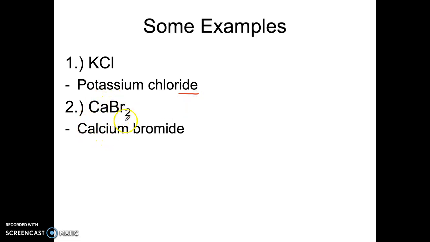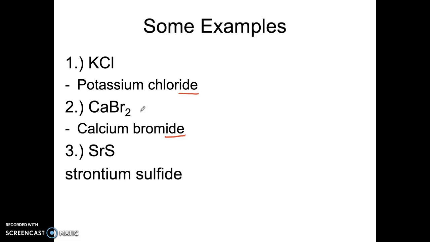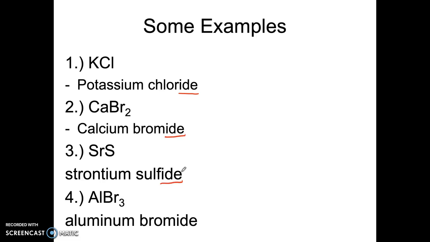Calcium, bromine, add the IDE at the end to make bromide. Okay, this one, strontium sulfide. So strontium, sulfur, take off the ending and add IDE. And the last one, we have aluminum, and then bromine, so this would be aluminum bromide.